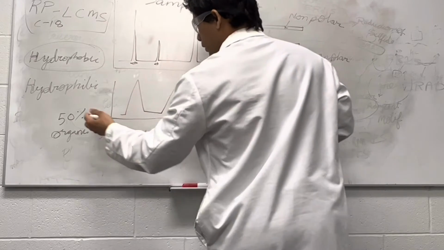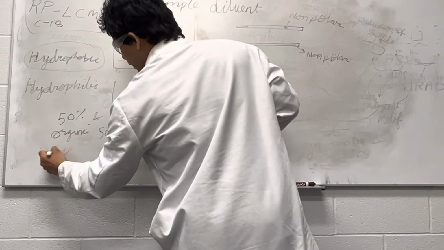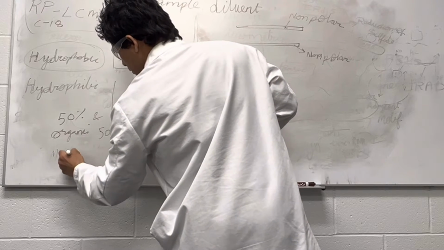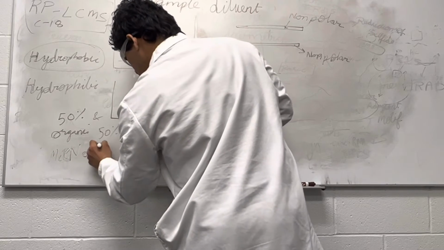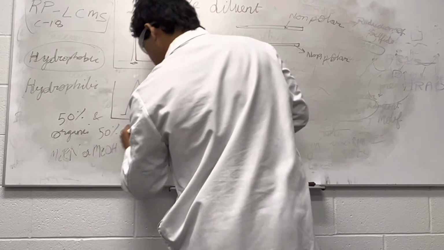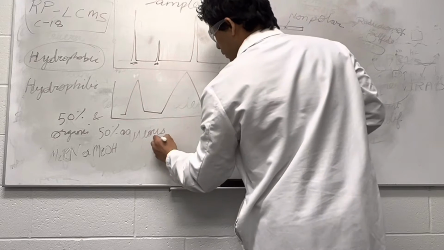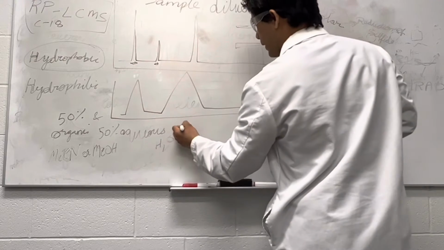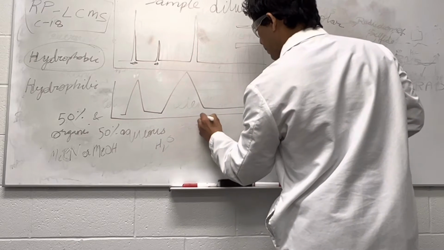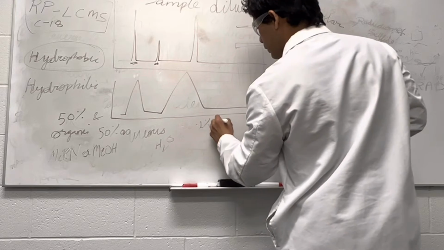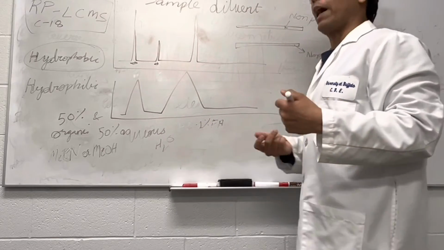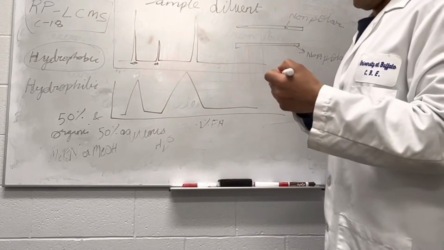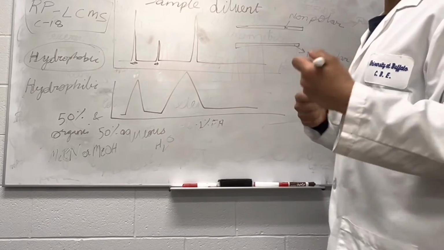Organic might be acetonitrile or methanol, and aqueous might just be water. Sometimes they also add 0.1% formic acid. This is to improve the possibilities of ionization, as mass spec only measures ions.